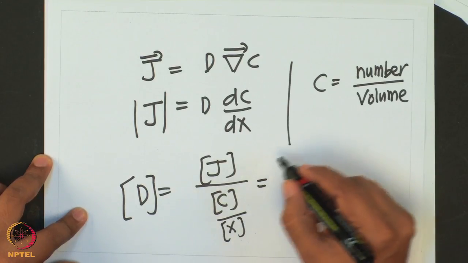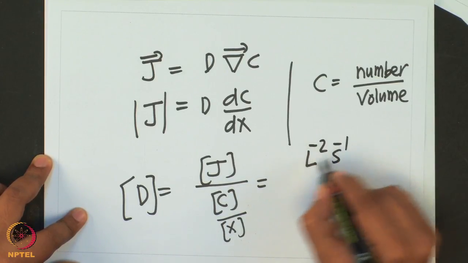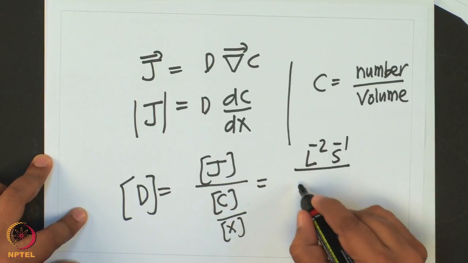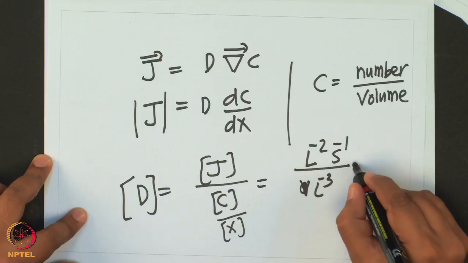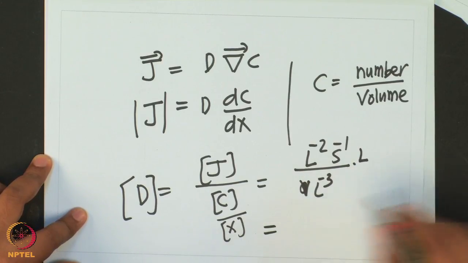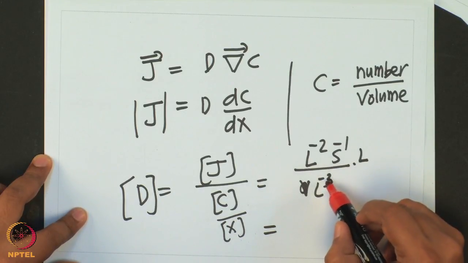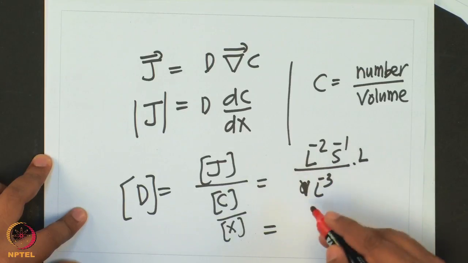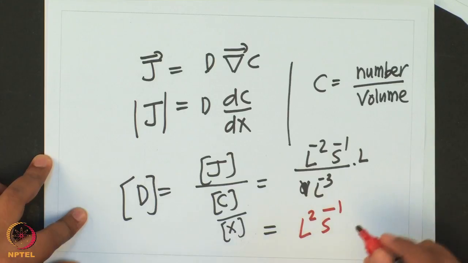So we just saw that J is L power minus 2 S power minus 1, divided by concentration, which is 1 by volume, so L power minus 3, and X is L, so dividing by it is like multiplying with L. So L power minus 3 becomes L power minus 1, and this gives us L square S power minus 1.